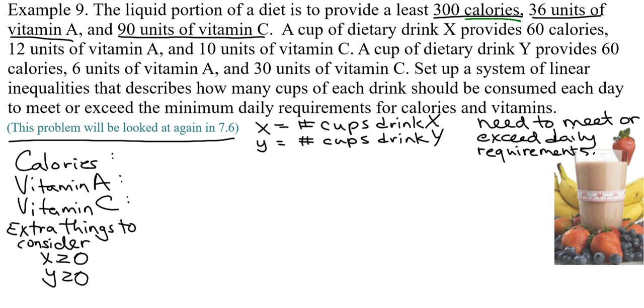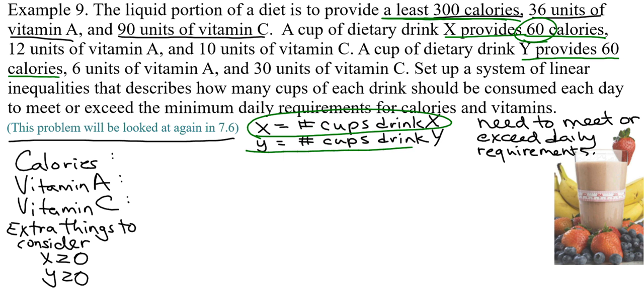So we need at least 300 calories of nutrition. Drink X provides 60 calories, and drink Y provides 60 calories also. So they have the same number of calories. So our requirement here is however many cups of drink X we get, for each cup we're going to use 60 calories.